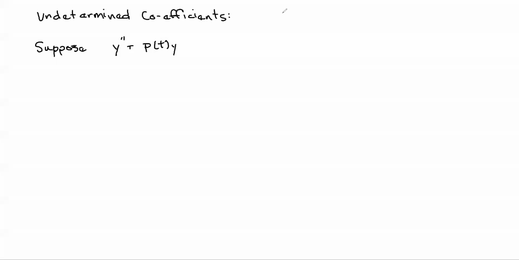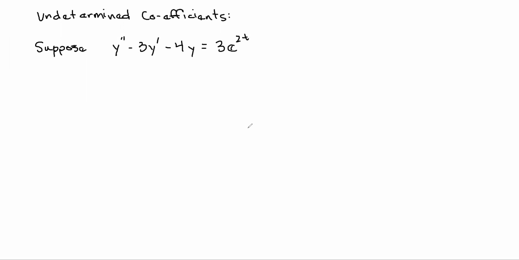Hold on. We're supposed to have a specific one, not a general one. Minus 3y prime minus 4y equals 3e to the 2t.